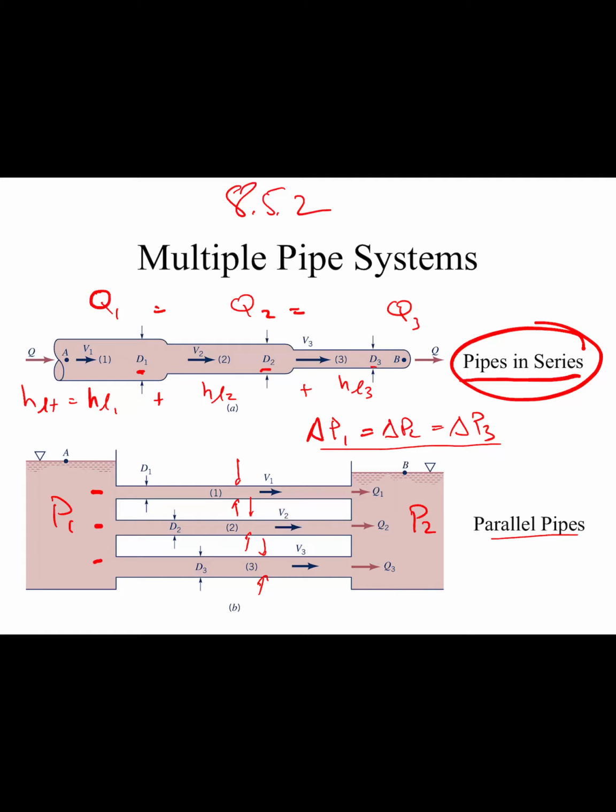I think it's pretty important to look at this. It reviews exactly what I just said: the flow rates are equal for pipes in series, and we add our pressure drops for pipes in series, while our pressure drops are equal in parallel pipes, and the total flow rate is just the sum of the other flow rates. I highly recommend taking a quick look at this, because it's often used, and it'll help you with problems in the future.